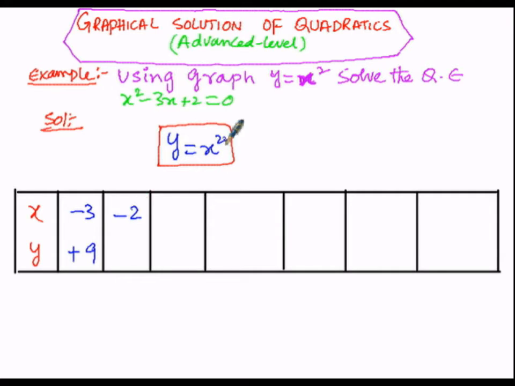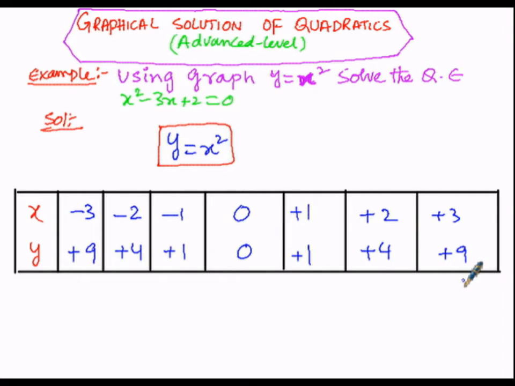Minus into minus is plus, so 2 square is 4. When x is minus 1, minus 1 whole square is 1. When x is 0, 0 square is 0. When x is positive 1, 1 square is 1. When x is plus 2, 2 square is 4. When x is plus 3, 3 square is plus 9.